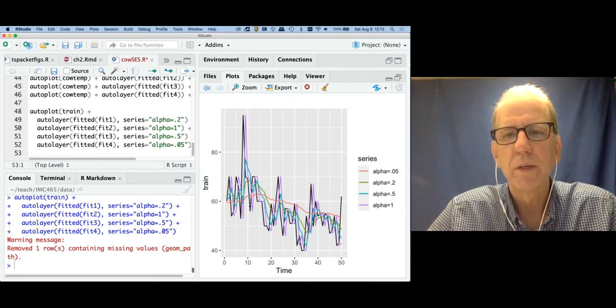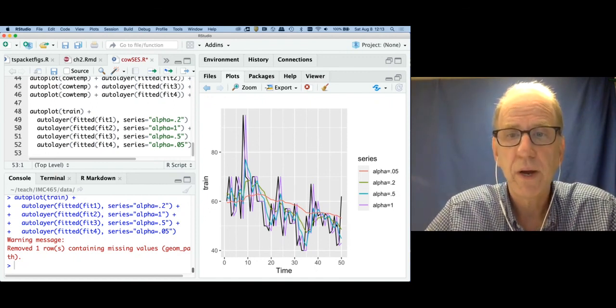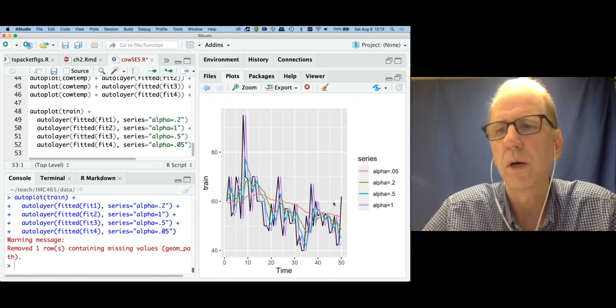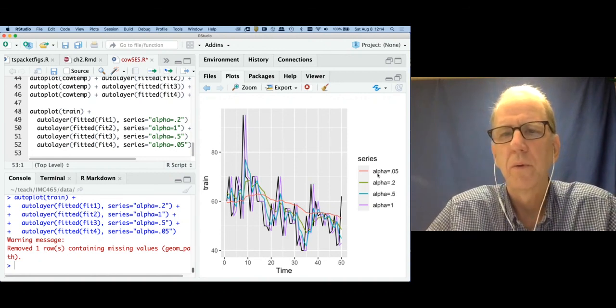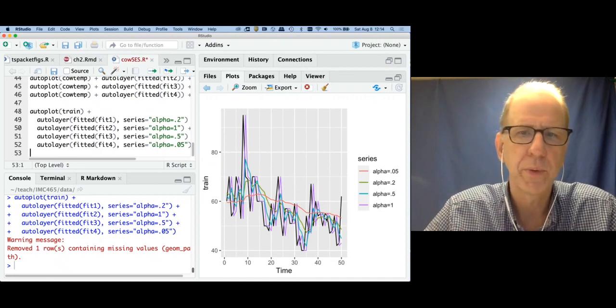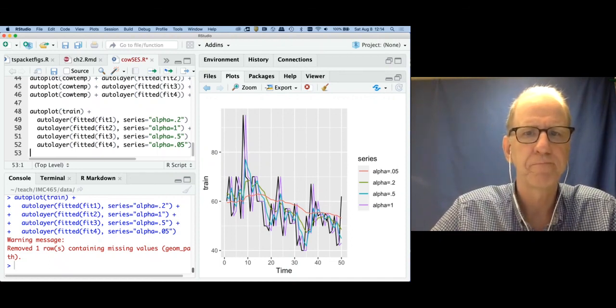The optimal one is this green one, and it nicely captures what's going on. It tracks any changes that are happening without waiting too long, whereas you can see the red one just waits too long. It's just too slow to react to any changes in this time series.